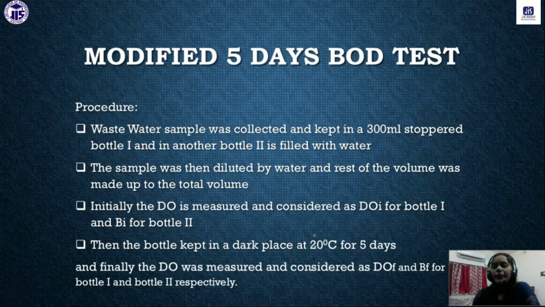Your BOD will be the initial value of the dissolved oxygen minus the final value of the dissolved oxygen divided by P. You already knew that. What is P? P is the dilution factor, which is the volume of wastewater divided by the total volume.